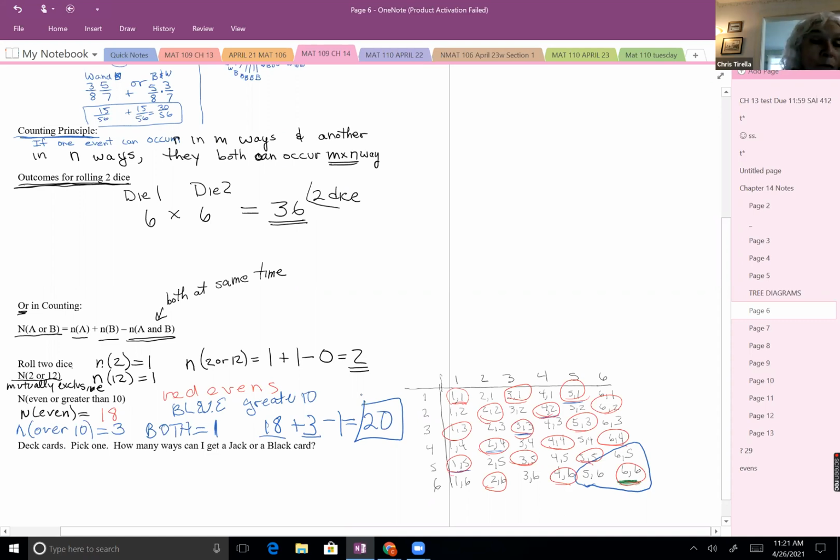And so rule of thumb with probability, also with counting, is if you see that word or, you add the number of ways each separate event can occur, but you have to remember to look out, hey, wait a minute, is there anything I'm counting twice? And because we don't want anything to count twice, we have to subtract the number of things that are included in both.